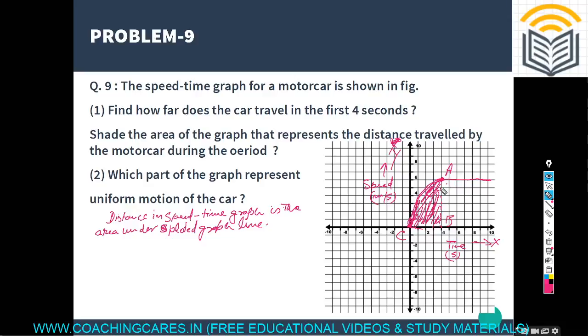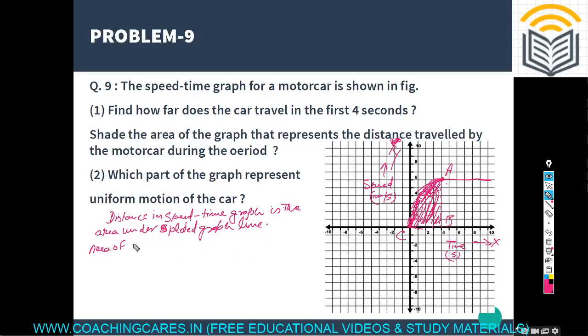I just connected AC because the remaining area is negligible, very negligible. So I just considered AC directly. ABC is the area, this is the one triangle. So this distance will be the area of this triangle, because the area under the graph line AC, the shaded area, is the triangle.